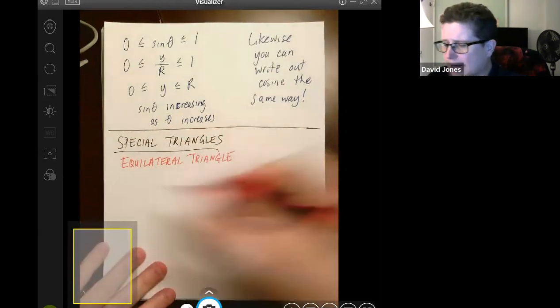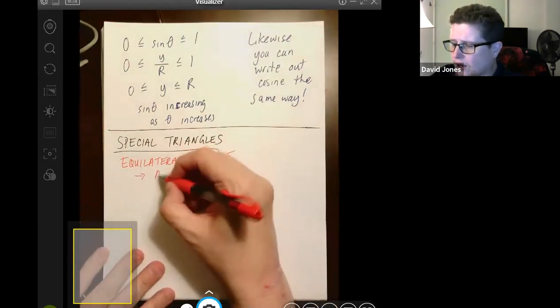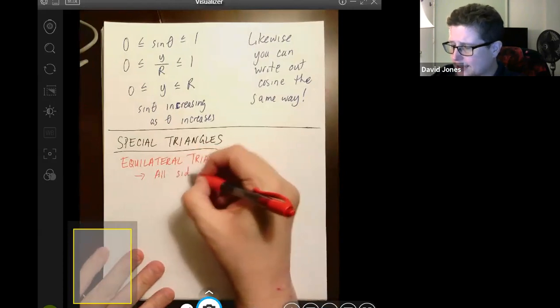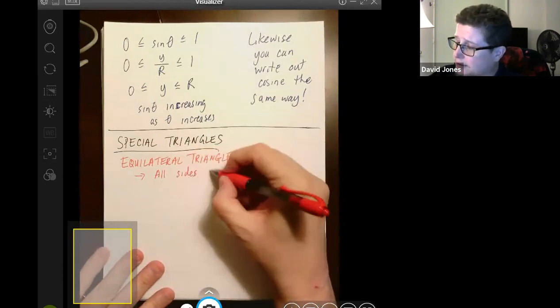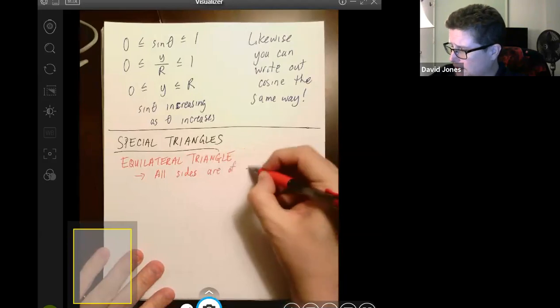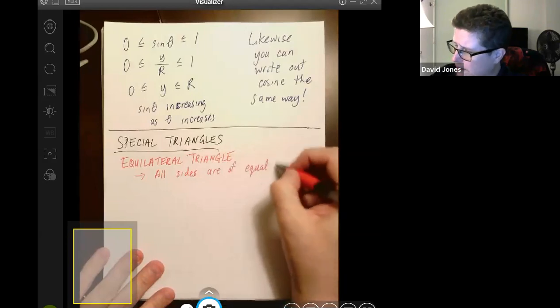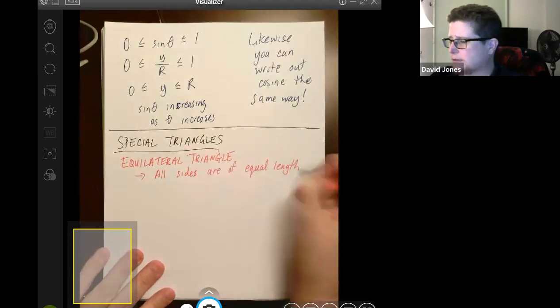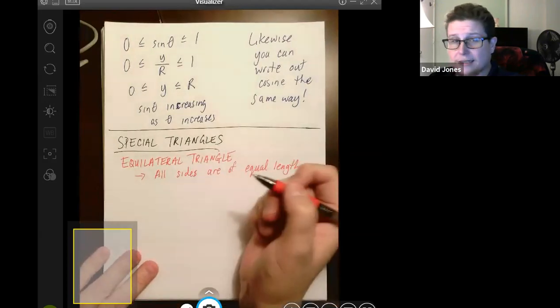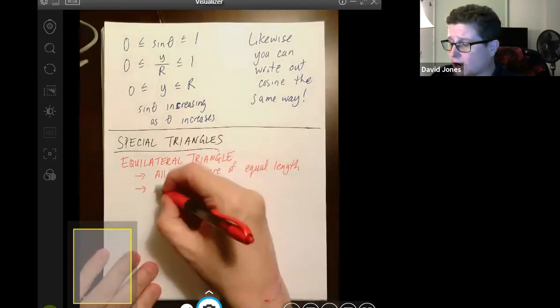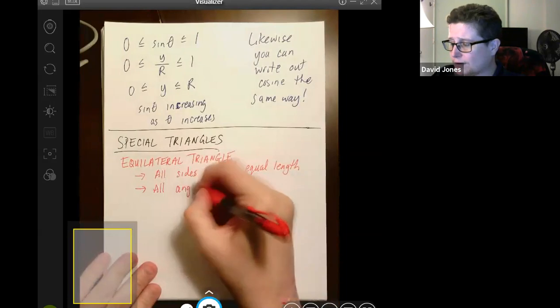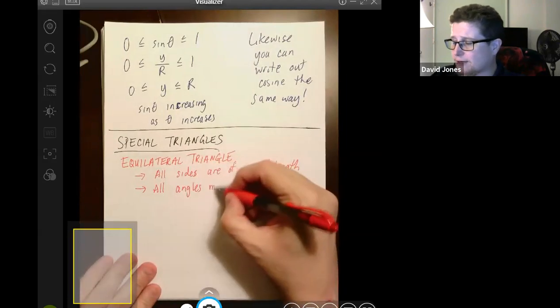In an equilateral triangle, all sides are of equal length. This forces all angles to be equal.